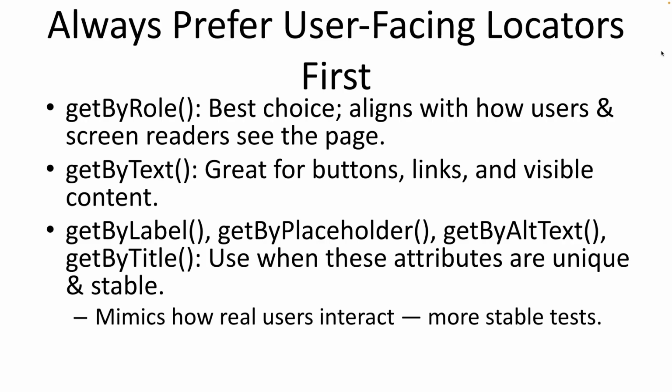And then followed by this, you should use getByLabel, getByPlaceholder, getByAltText, page.getByTitle. So these are the things you should use whenever you have the corresponding attribute. You have to uniquely and stably identify the element. Why? Because if visible text or role changes, a user will also notice that change, right?